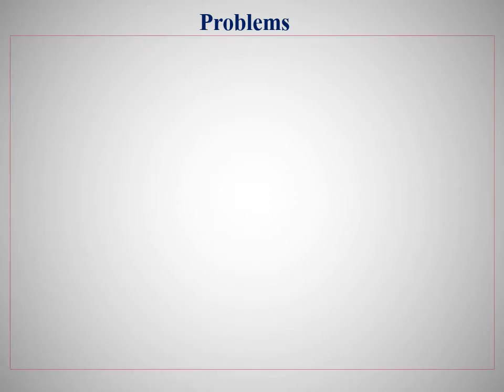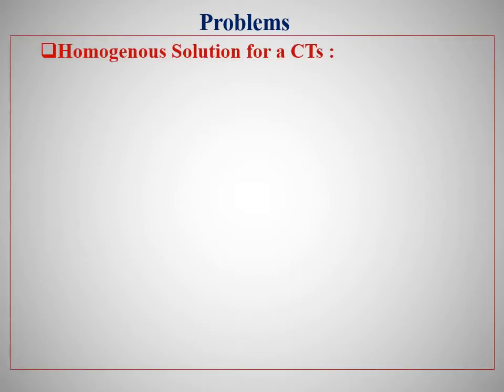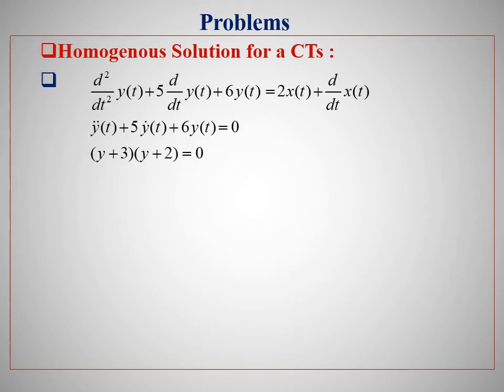Now let us go on to some simple problems on the homogeneous solution for a continuous time system. Let us consider the problem given here in the first case as d squared by dt squared y of t plus 5 d by dt of y of t plus 6 y of t is equal to 2 x of t plus d by dt of x of t.